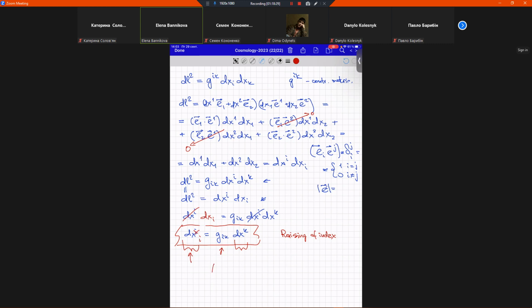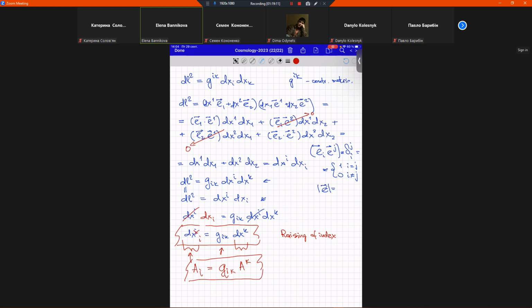So if you have a contravariant vector and you want to obtain a covariant vector, you apply the metric tensor like this. And we commonly use the phrase: in this case, the tensor takes from the metric tensor this index, the free index ai. So this is the rule of raising a tensor index.